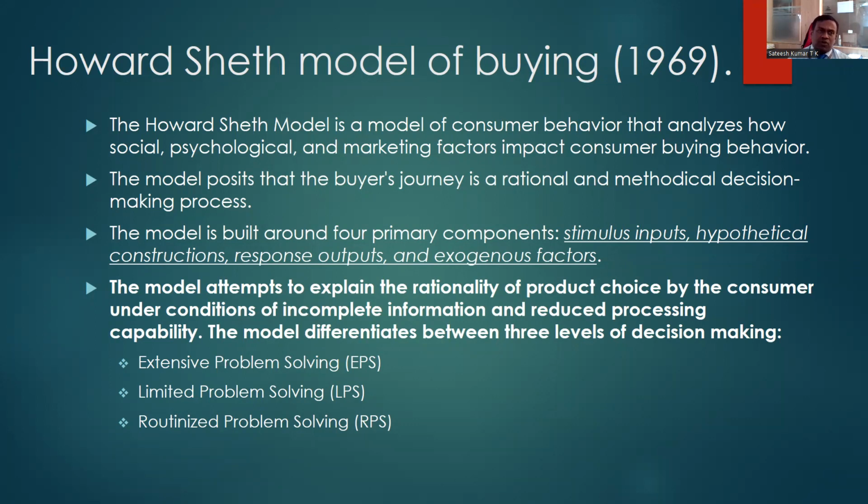And today we'll just focus on the Howard Sheth model, which is about how a consumer is going to buy. It was proposed in 1969 in an article published by the famous scholars of our era, Howard and Jagdish Sheth, who pioneered this Howard Sheth model of buying.